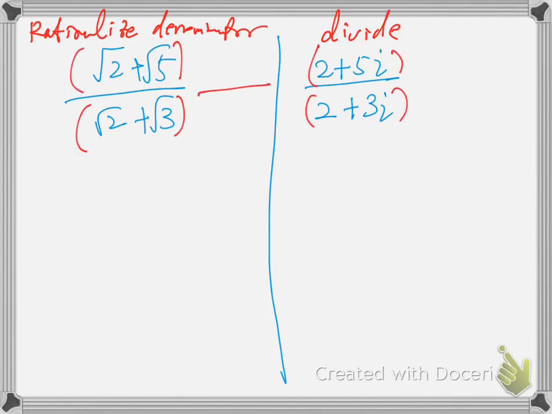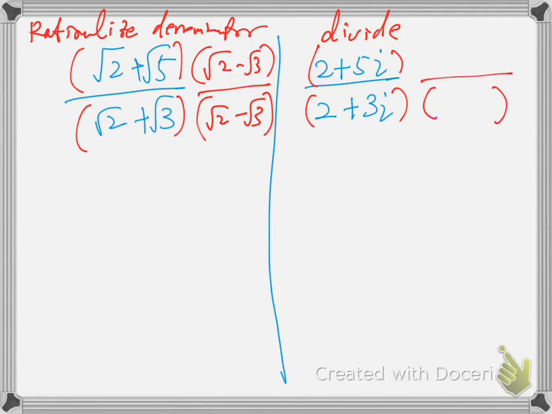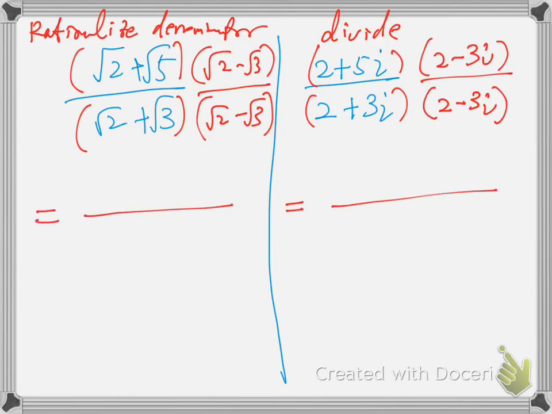What's the conjugate of the denominator, radical 2 plus radical 3? We need radical 2 minus radical 3, multiplied on top and bottom by the same number. For complex numbers, we use the conjugate complex number, 2 minus 3i. The idea is exactly the same, and then we use FOIL, top and bottom.